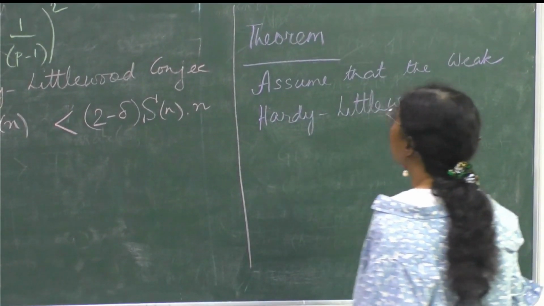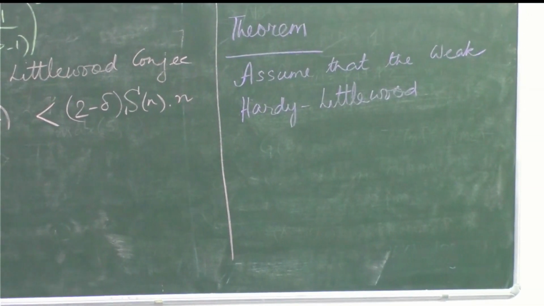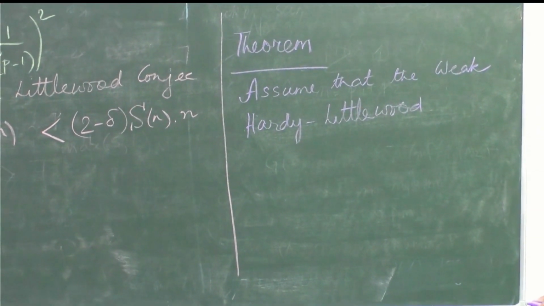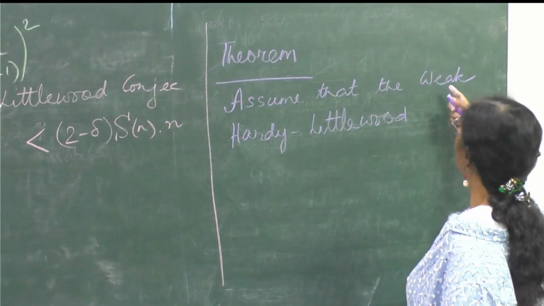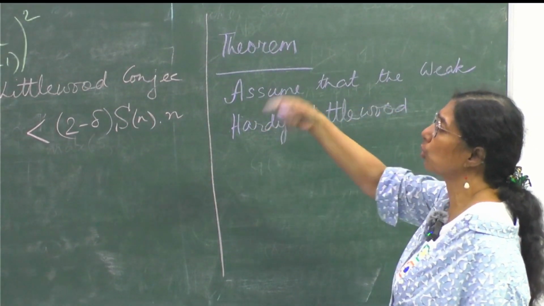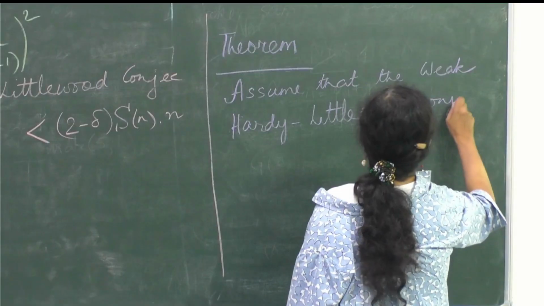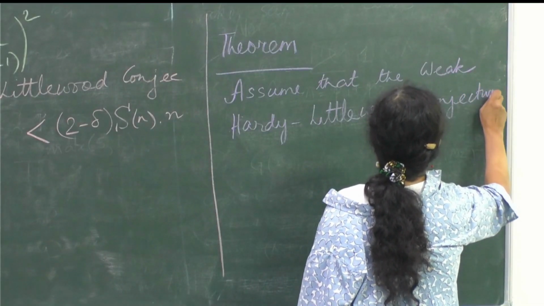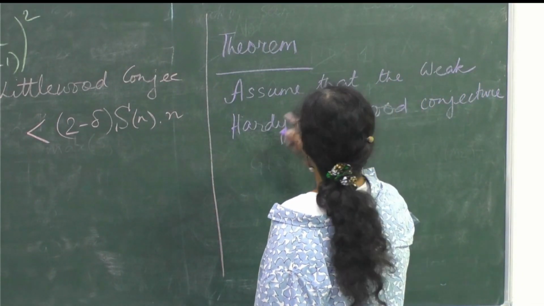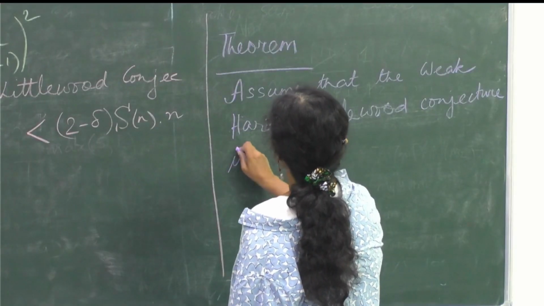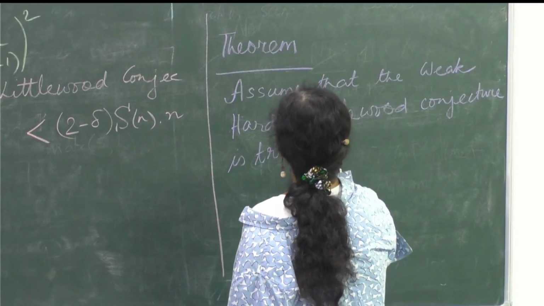Of course, if you can prove it with the weak Hardy-Littlewood conjecture, then you can also prove it with the Hardy-Littlewood conjecture. I mean, it's better when the conjecture is weaker because you're asking for less.